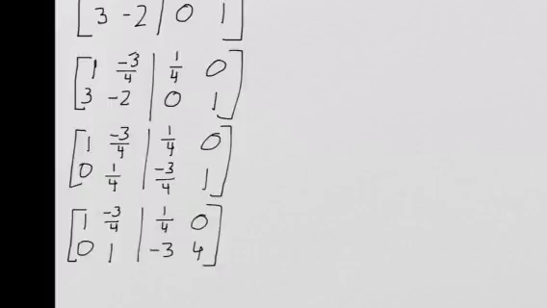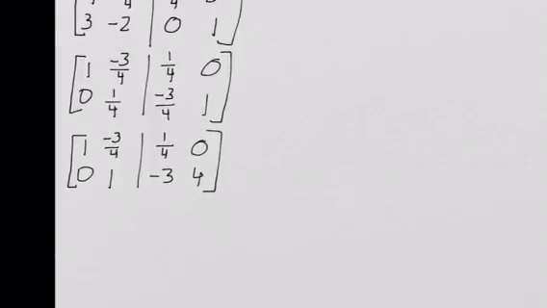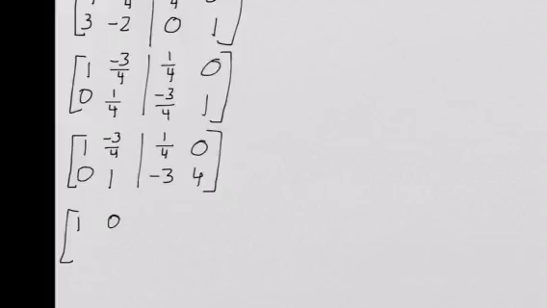And now I want to add 3/4 times that bottom row to the top row in order to get a 0 in that second entry. So I get 1, 3/4 times 1 is 3/4, minus 3/4 is 0. Then -3 times 3/4 is -9/4 plus 1/4 is -8/4, or -2.